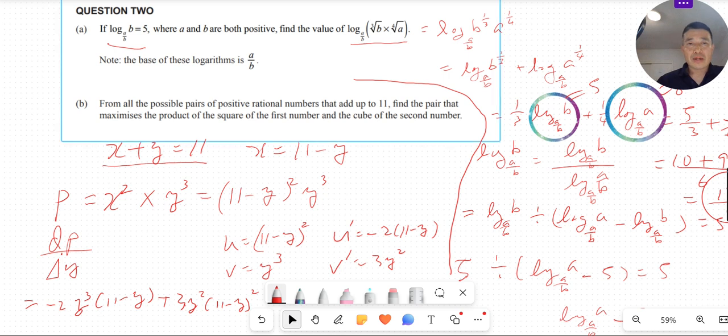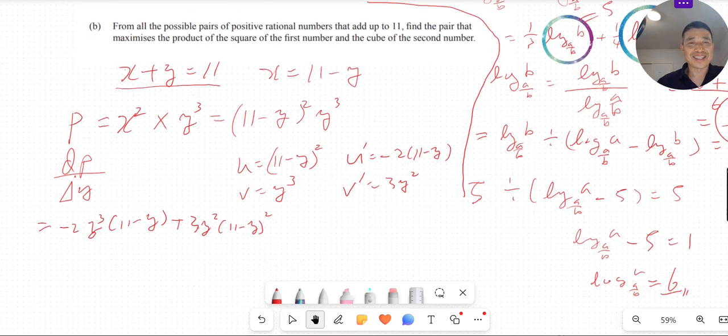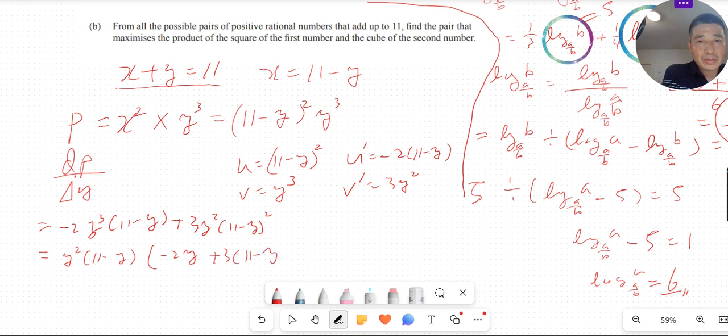Now, I think it's better we organize this. I see y squared is common and 11 minus y is common, right? The first term minus 2y, and second term plus 3, 11 minus y, yeah?